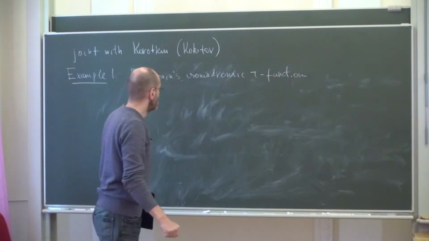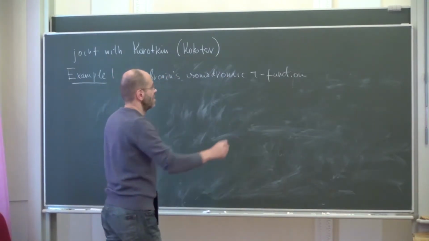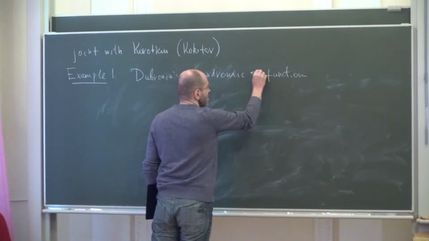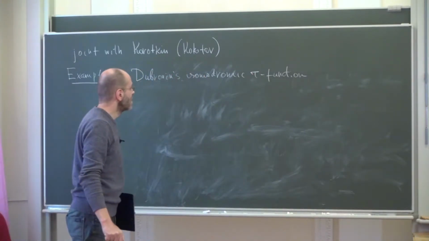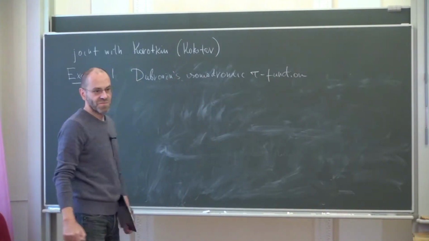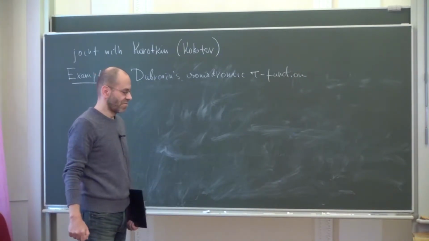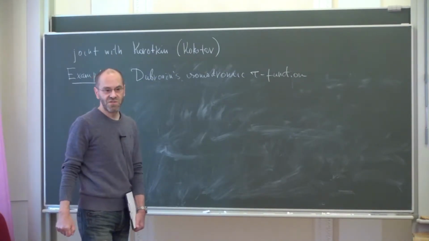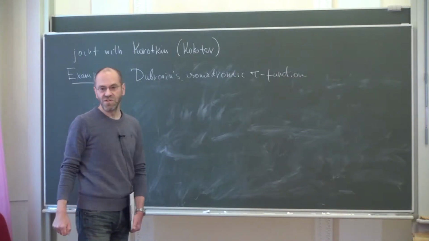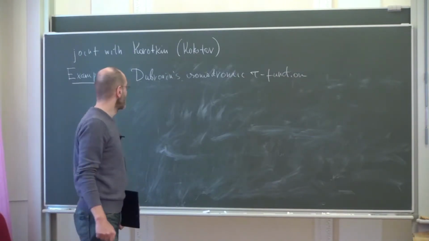This function appears in an isomonodromic problem that is relevant to Dubrovin's construction of Frobenius manifold structure on the space of meromorphic functions on Riemann surfaces.